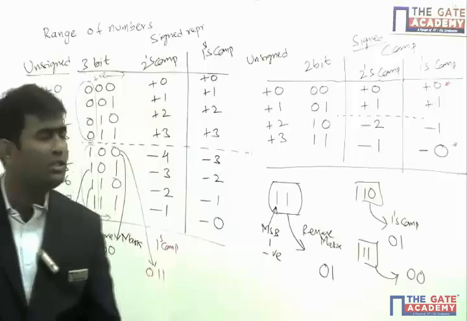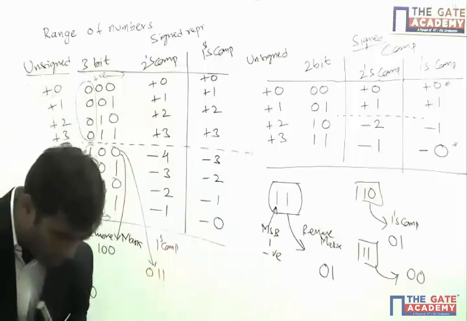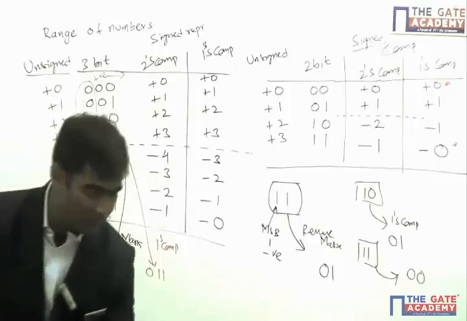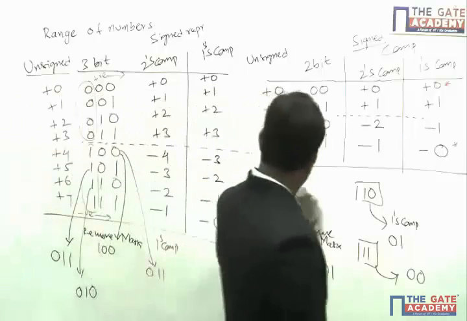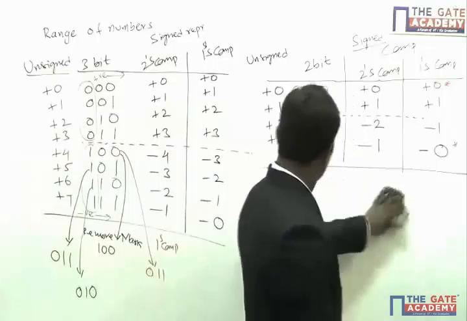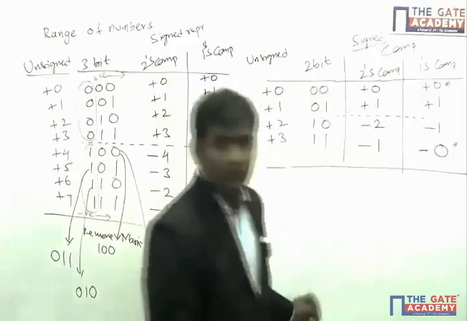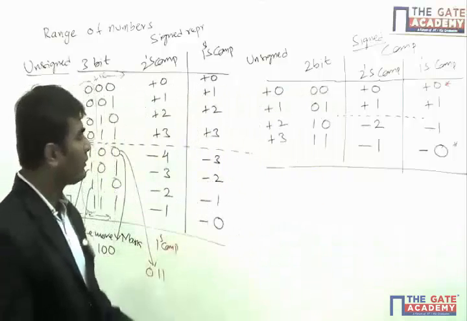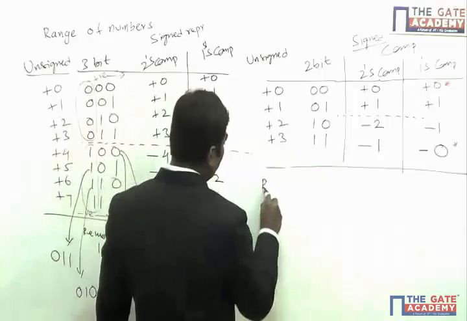Now time for conclusions, time to take home points. What are the take home points out of this one? We'll write the range. Let me erase this one. Looks very interesting and very important as far as examination is concerned. Okay, range of numbers.